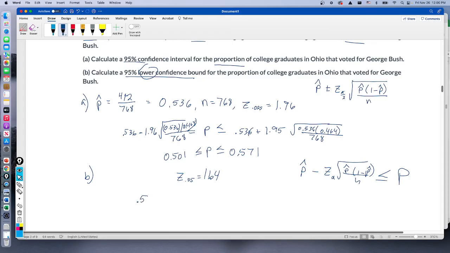So we've got 0.536 minus 1.64 times the square root of 0.536 times 0.464 divided by 768. That's got to be less than or equal to the population proportion, and that gives us 0.506 is less than p, no hat.